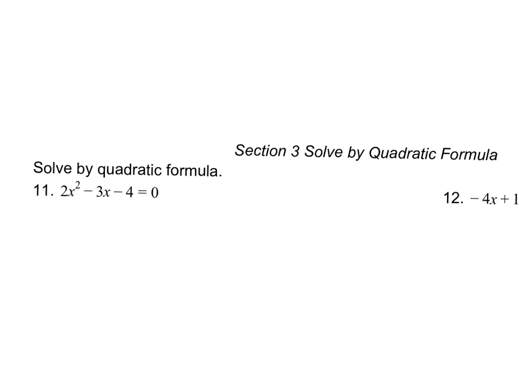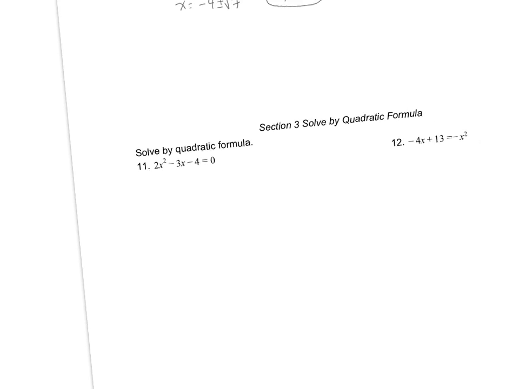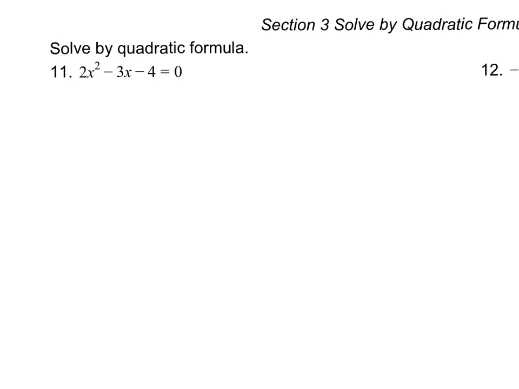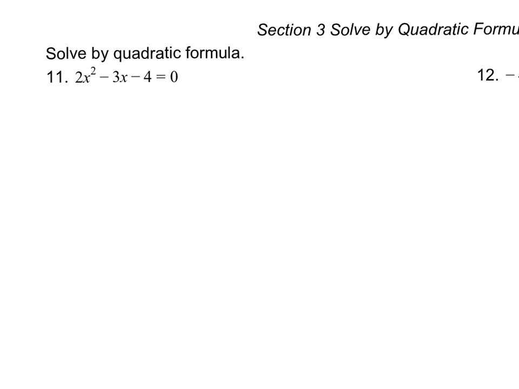Okay, so the last method we had were these by the quadratic formula. The quadratic formula is by far the easiest one, where you just get everything on one side, and you can identify what your a, b, and c are. So in this case, a is 2, b is negative 3, and c is negative 4.